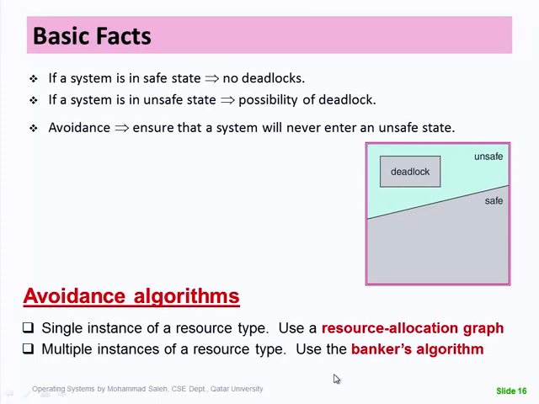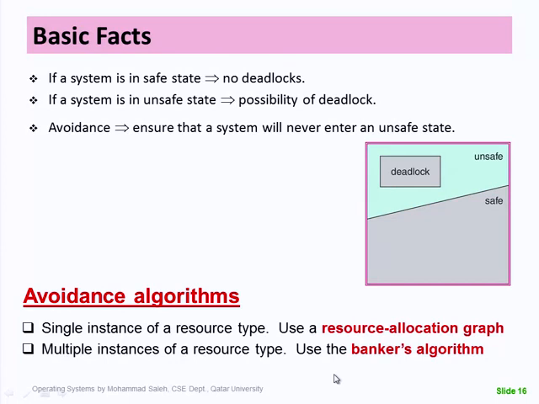Safe means we don't have deadlock. Unsafe means there is a possibility of having deadlock. We can't say we have a deadlock, but there is at least a possibility that we have what? Deadlock. Now for single instance resources, we said we can use the RAG.